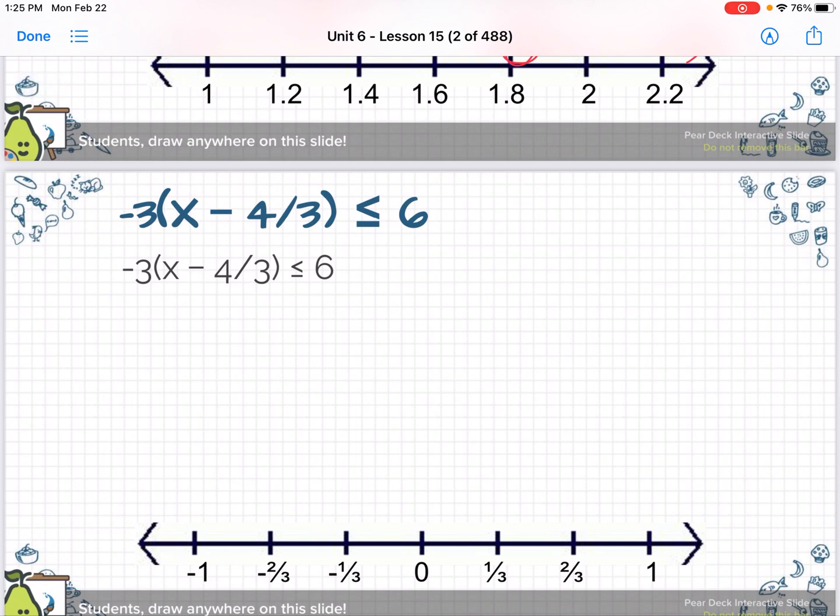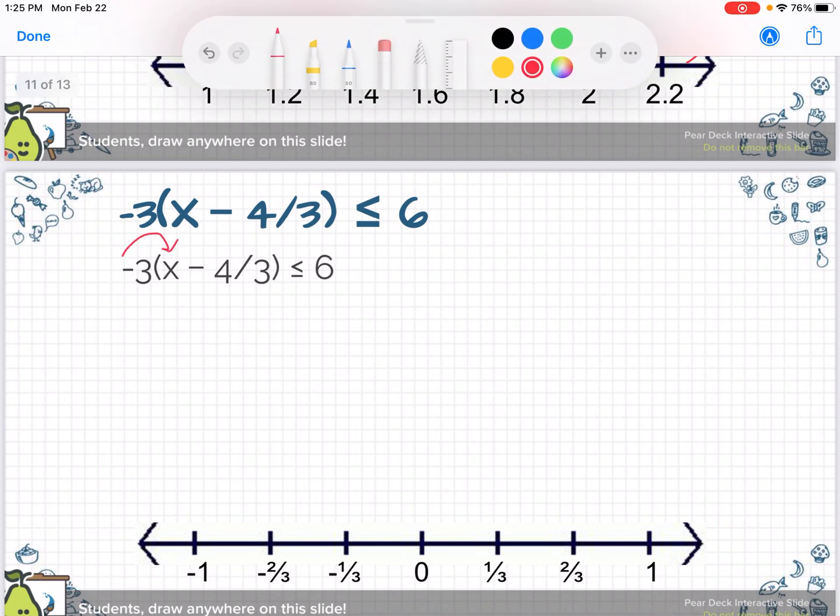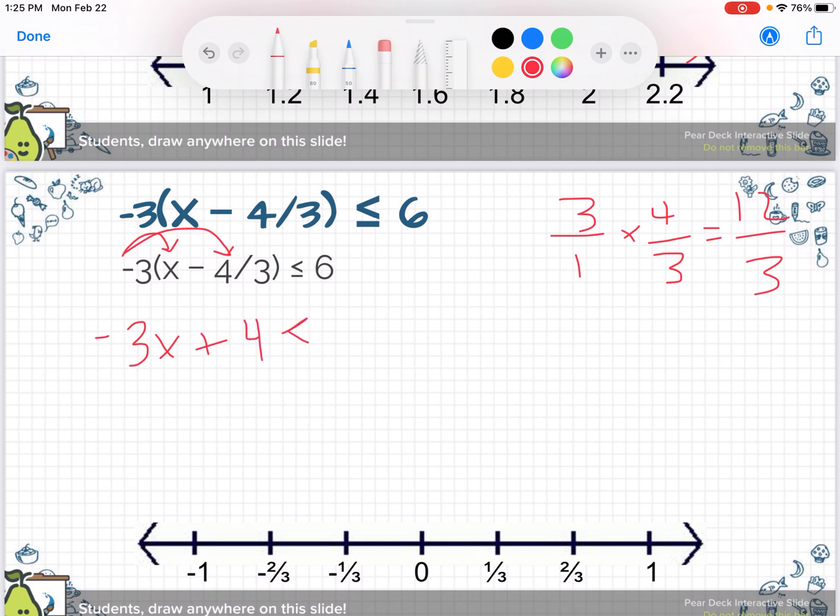Oh goodness, okay, so the distributive property again. So I've got negative 3x, and then a negative times a negative is going to be a positive. So 3 over 1 times 4/3 gives me 12 over 3, which works out to be 4. So now I'm going to subtract 4 on each side.